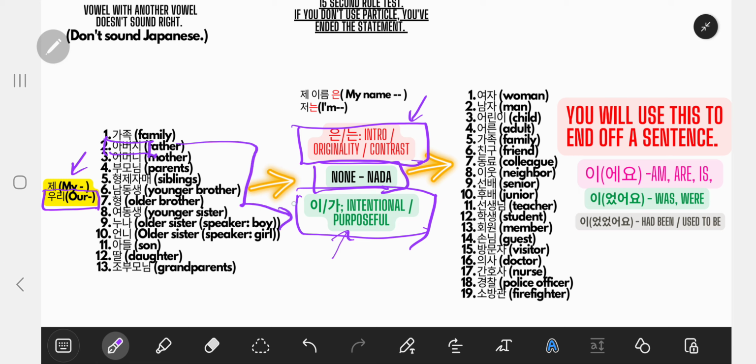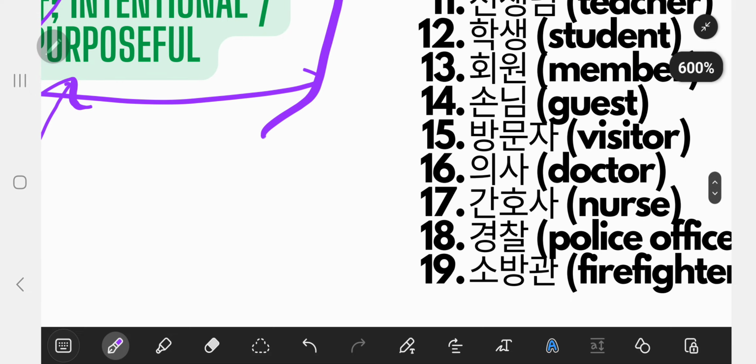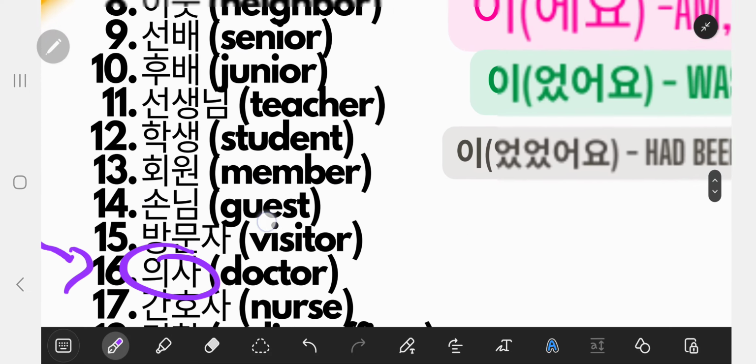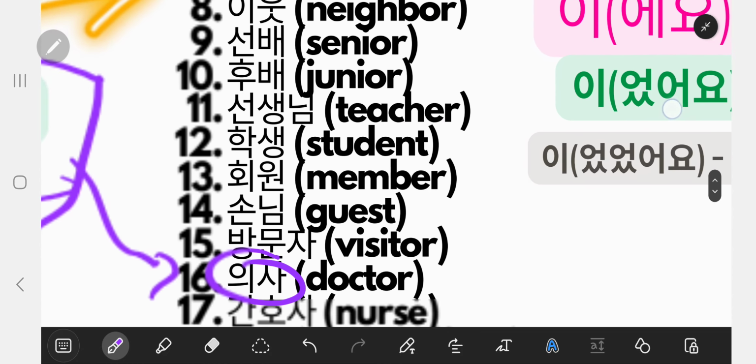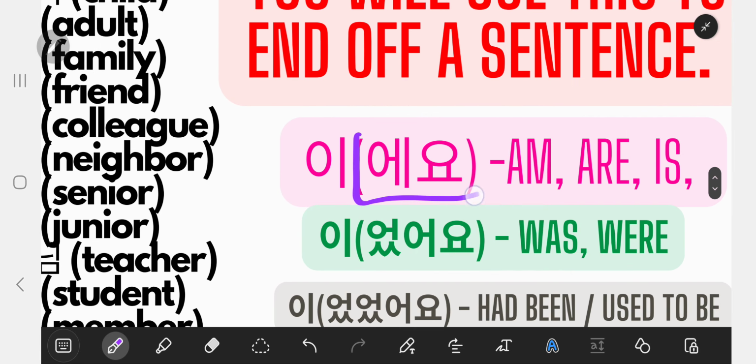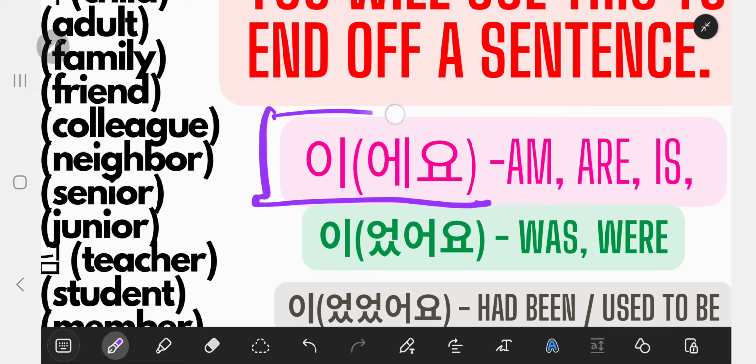Okay? So 우리 아버지가, why? Because it's a vowel sound ending. 우리 아버지가, and then let's go here. Doctor, 의사, and 의사 ends in a vowel, so we will say 의사예요. If it ends in a consonant, then we say the whole thing, the longer version.